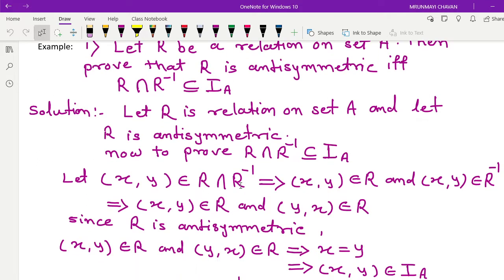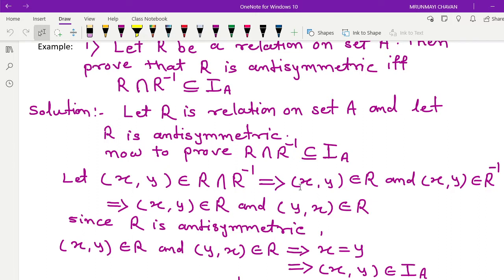So consider R is relation on set A and R is antisymmetric. So we have to show that R intersection R inverse is subset of IA. So for that, consider pair XY belongs to R intersection R inverse.